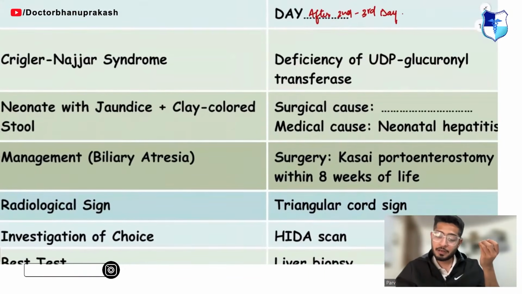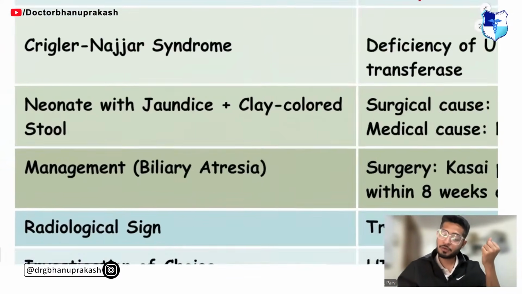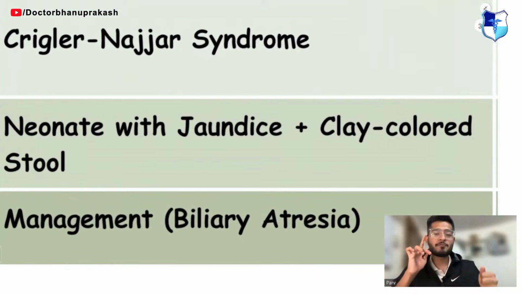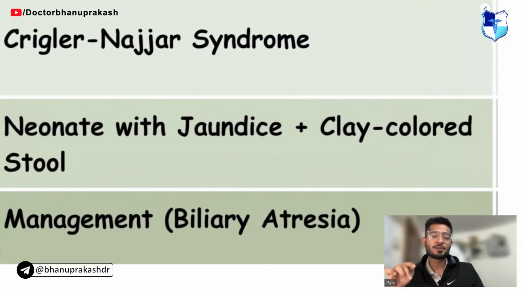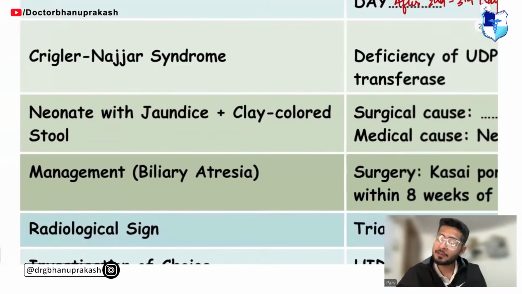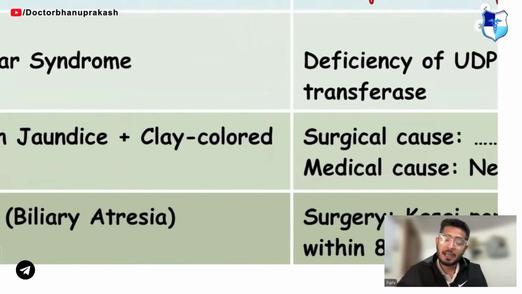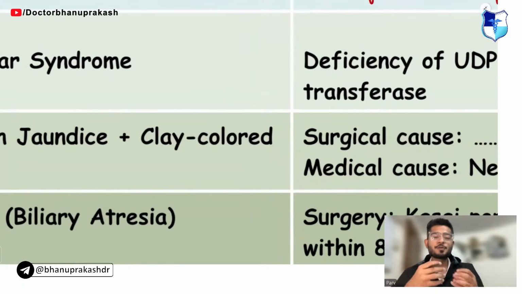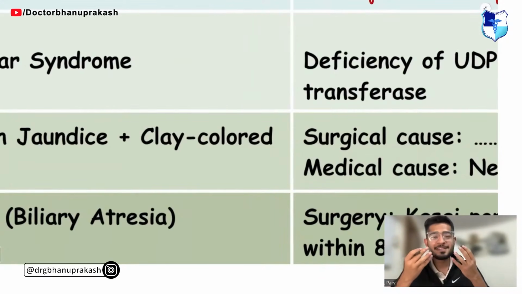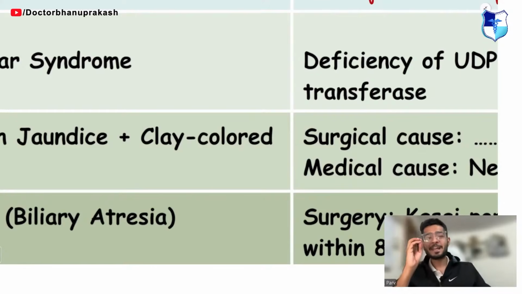Coming on to Crigler-Najjar syndrome. Which enzyme is deficient in Crigler-Najjar syndrome? Crigler-Najjar syndrome has a deficiency of UDP glucuronyl transferase. Now there are a lot of students who know this, but there are some newbies like me who don't know this. Let me just tell you.